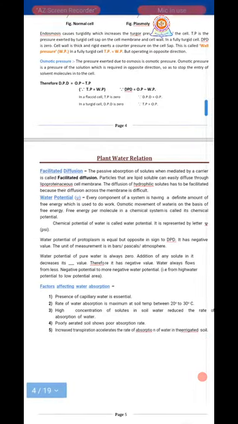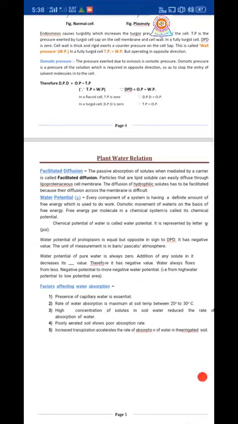Now next, the water potential. Every component of a system has a definite amount of free energy which is used to do work, that is the kinetic energy. Osmotic movement of water is on the basis of free energy. That free energy per molecule in a chemical system is called its chemical potential.